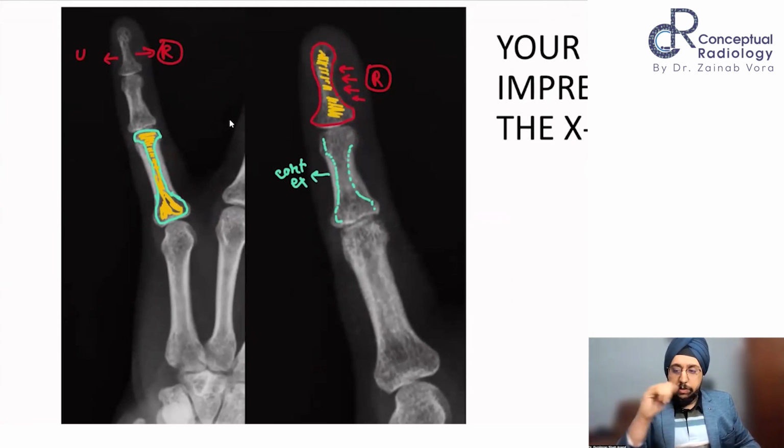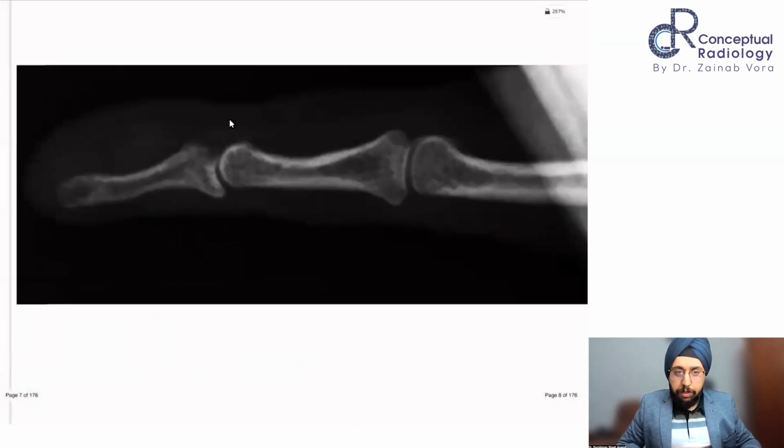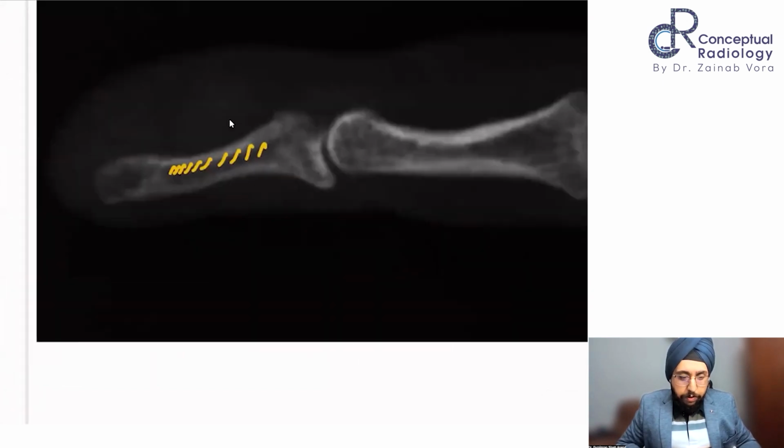Okay? There is just a smooth concave impression on the radial aspect of the distal phalanx, along with significant thinning of the cortex at the level of the shaft of the distal phalanx. Okay. So the lateral view confirms that there is no lytic lesion as such.